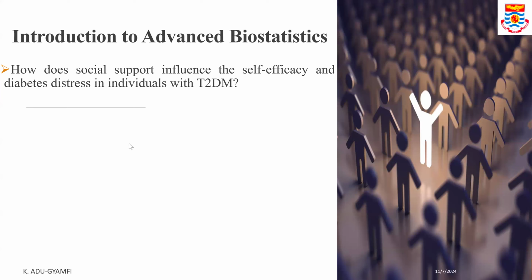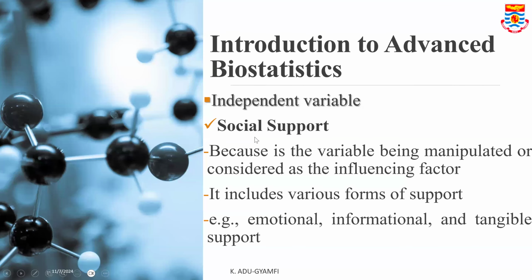Okay. I am ending today's lecture by telling you that you need to appreciate these variables. So I say the independent variable here, which those who spoke, those who wrote the chart, you did well, is social support because it is the variable being manipulated or considered as the influencing factor.